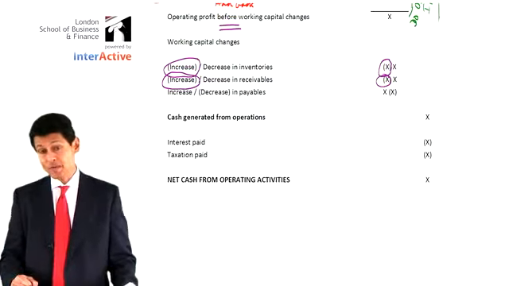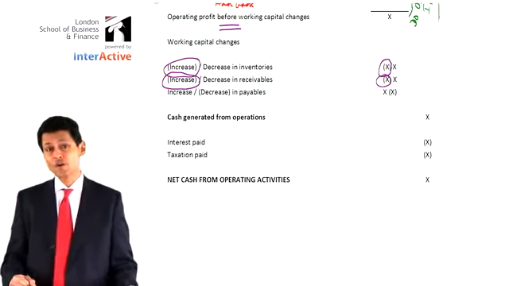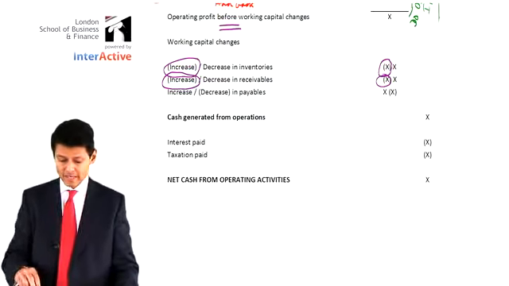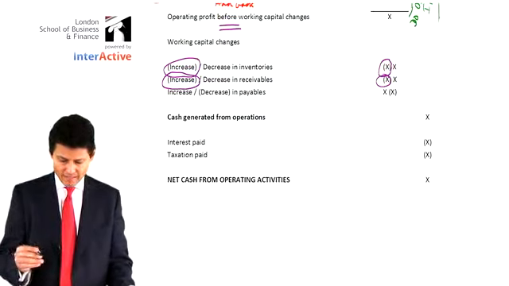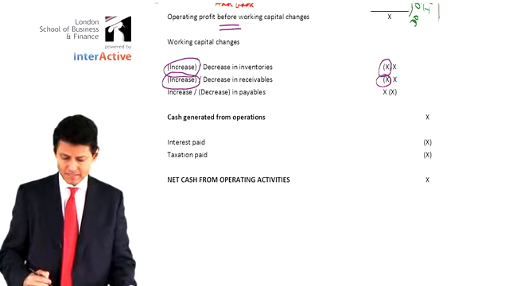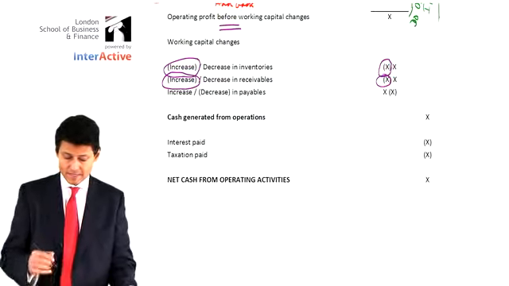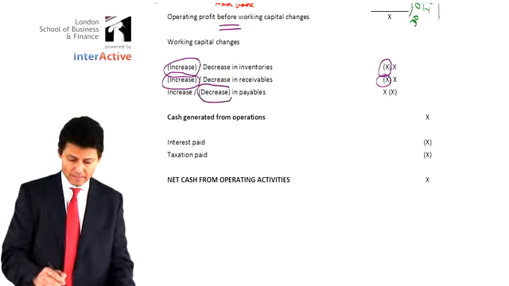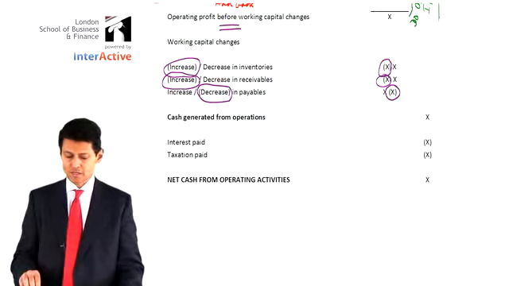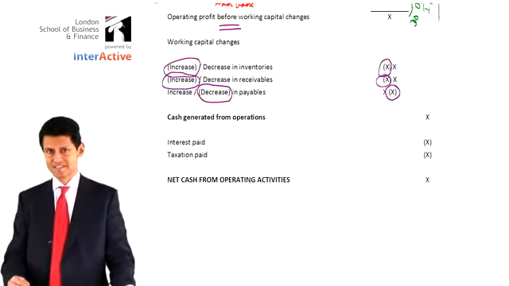And so if there's a decrease in payables, it means you've paid off some cash, so obviously that would go down. So an increase in payables is unbracketed, but a decrease in payables simply means it's an outflow, so I might highlight that one. So notice how it changes between increase and decrease.